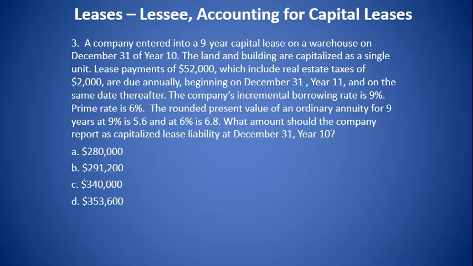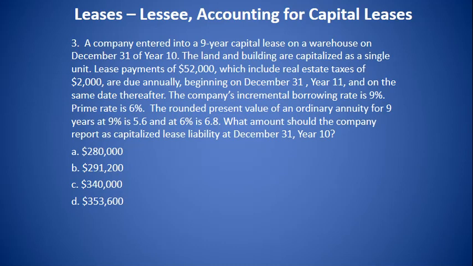A company entered into a 9-year capital lease on a warehouse on December 31st of year number 10. The land and building are capitalized as a single unit. Lease payments of $52,000, which include real estate taxes of $2,000, are due annually, beginning on December 31st, year 11, and on the same date thereafter.